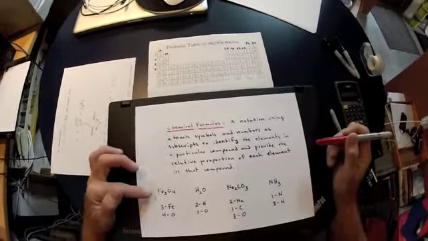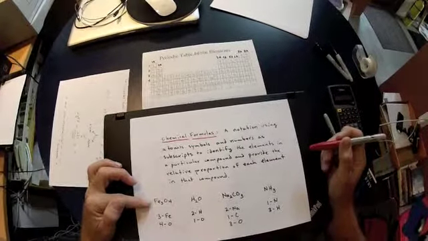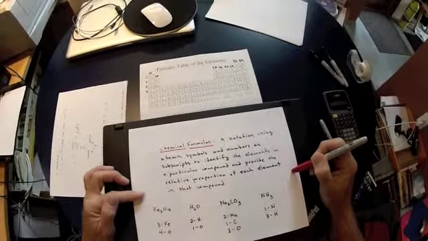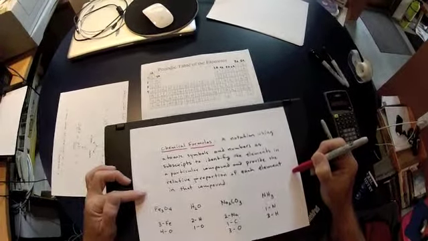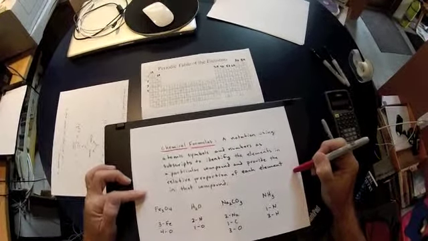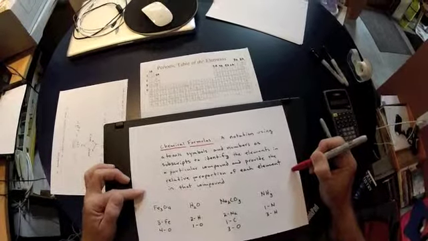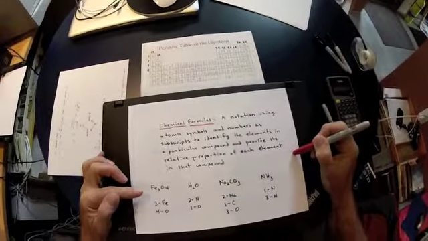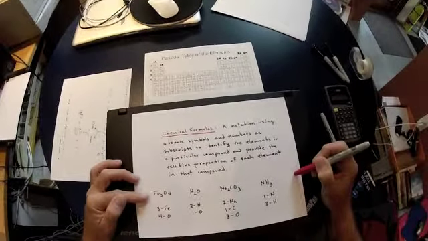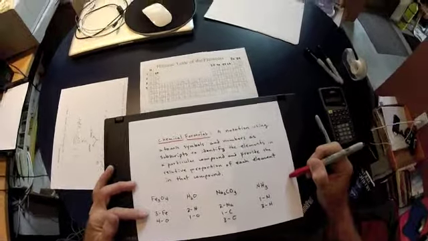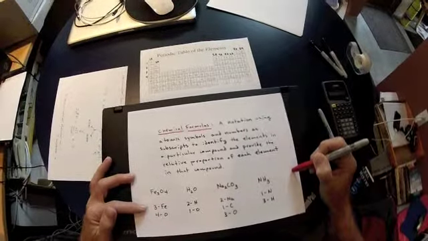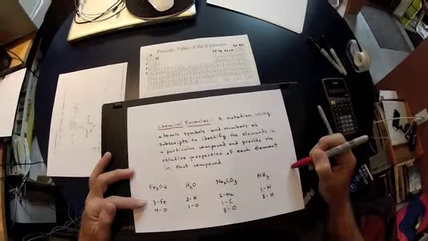In the case of iron ore, there's iron and there's oxygen. The second thing a chemical formula includes is a number that appears as a subscript, down and right of a particular element, that gives us the relative proportions in which that element appears within the compound. So for example, the iron ore is Fe3O4. And what does this mean in reality? It means that in iron ore there are 3 atoms of iron and 4 atoms of oxygen.